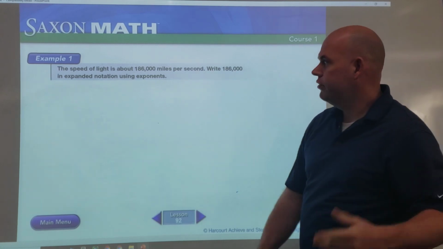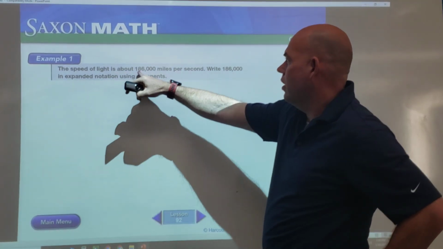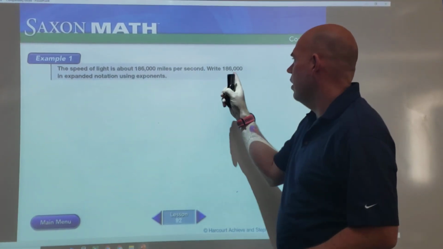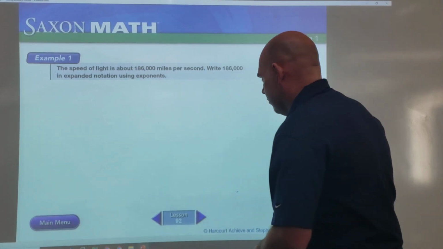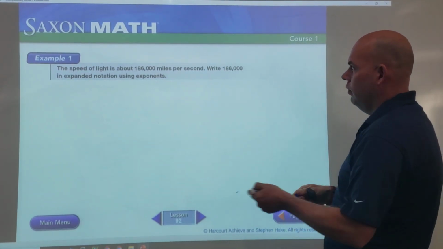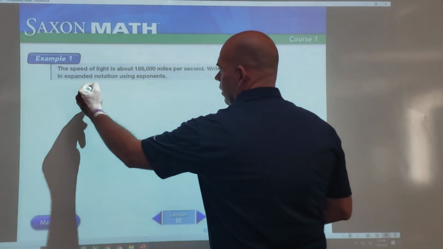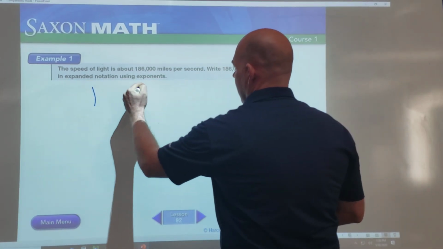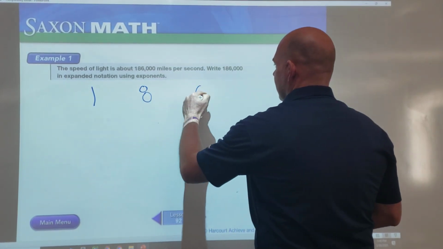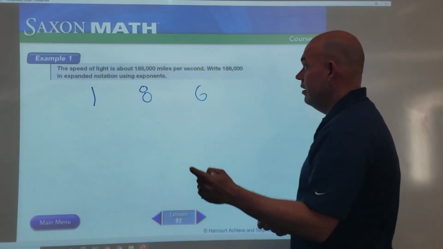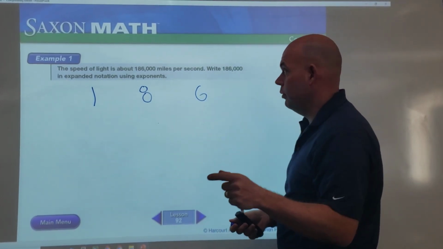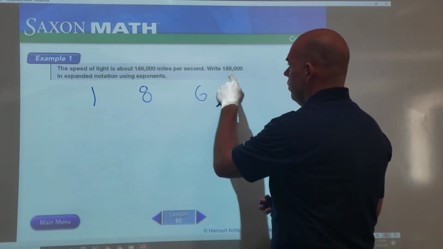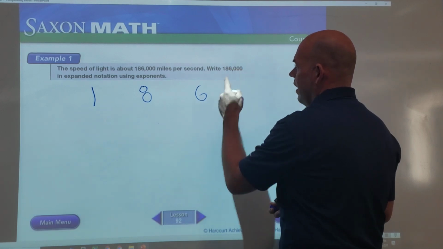All right. So let's look at this first one. The speed of light is about 186,000 miles per hour, right? 186,000 in expanded notation. So again, we're going to take our numbers, our 1, our 8, and our 6, and we're going to look at how many placeholders we have after them. So after the 1, we've got 1, 2, 3, 4, 5.